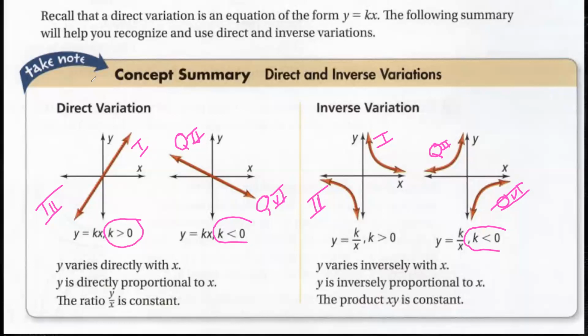The equation for the direct is y equals k times x, and for the inverse is y equals k over x. Now from here, and this is very important, you will need it later on in physics. In direct variation, if you increase the magnitude of x, the magnitude of y will increase, or decrease and decrease.